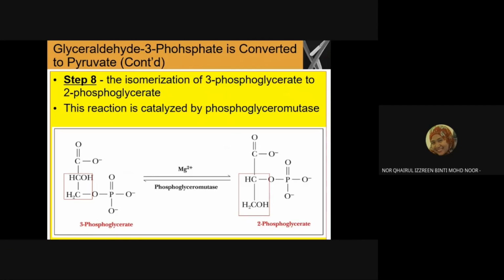I repeat, mutase is an enzyme that transfers one group, in this case the phosphate group, from the molecule of phosphoglycerate, from carbon number 3 to carbon number 2. This is why the name of this enzyme is phosphoglyceromutase.